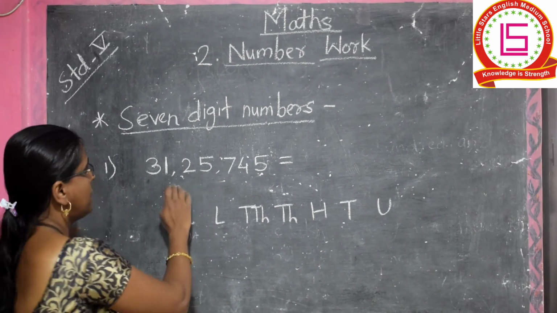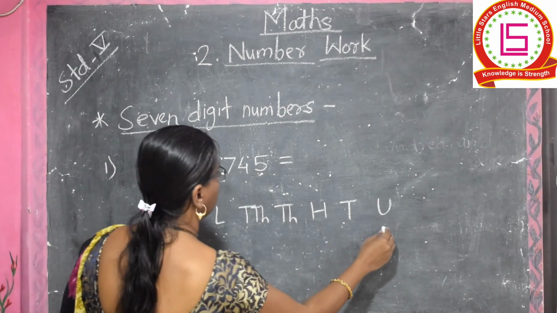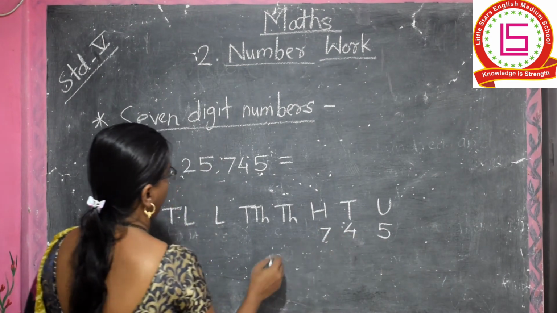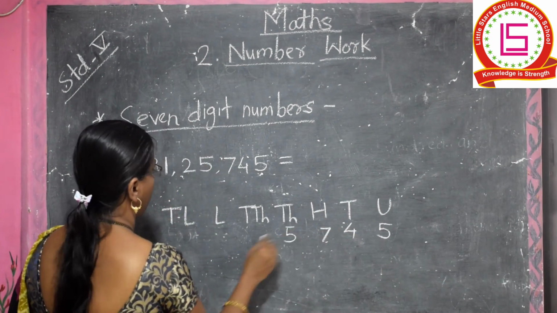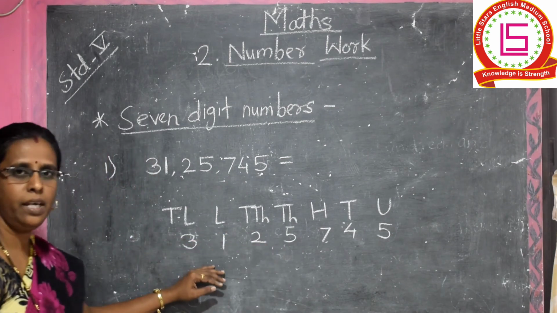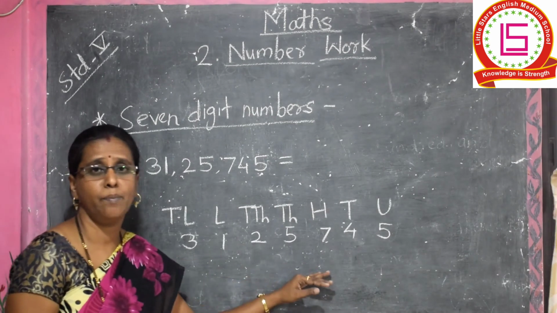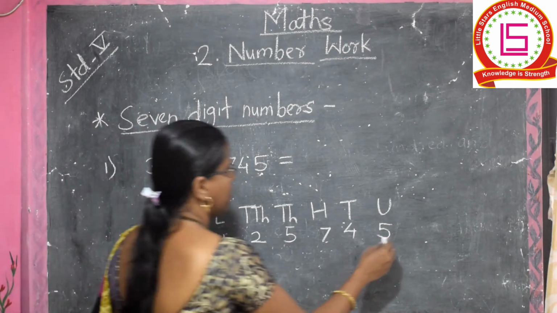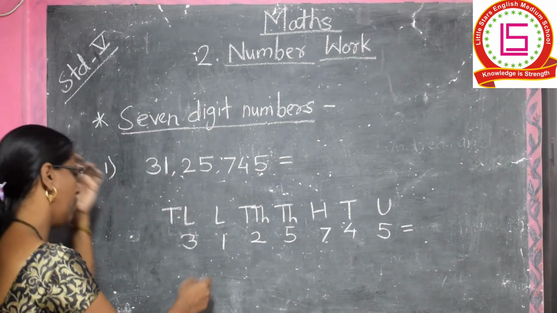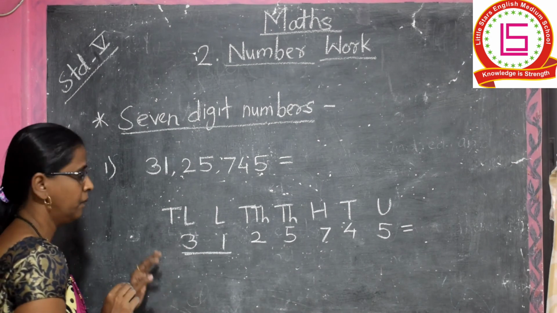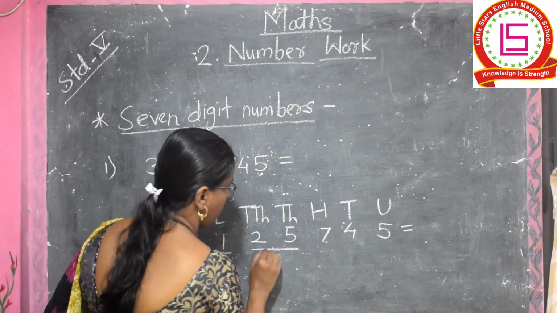Then write this number here: 5 4 7 2 1 and 3. Okay, then see how to read this number or how to write the number in words. Here, first we read these 2 digits together, then the remaining digits.